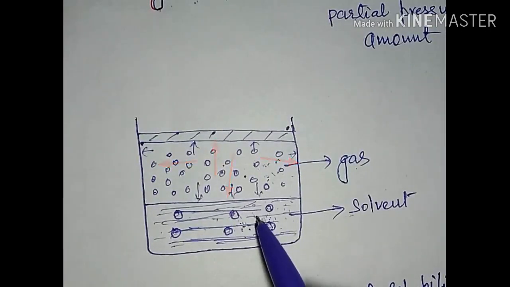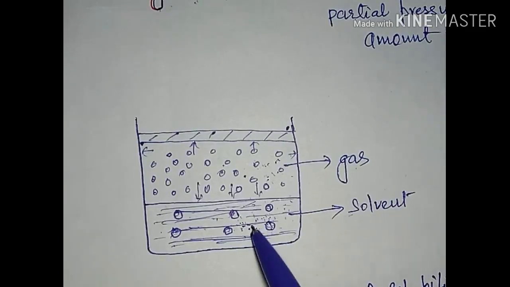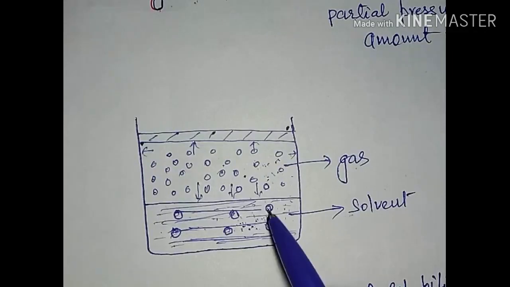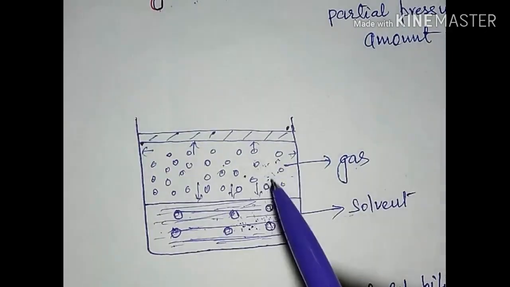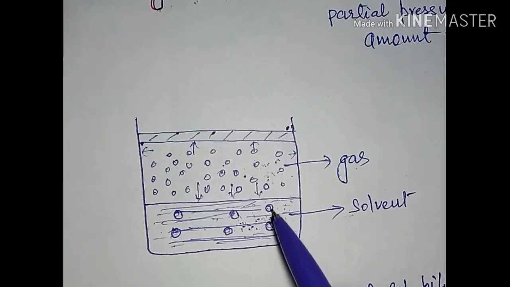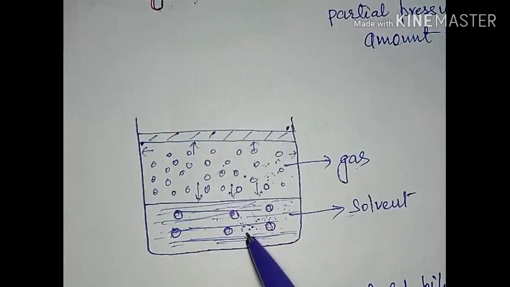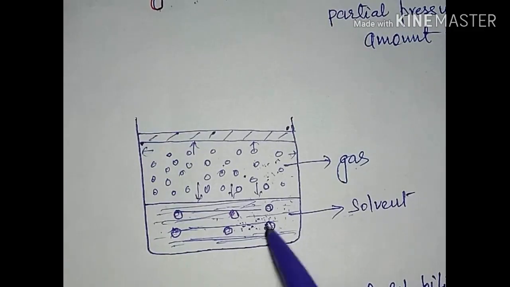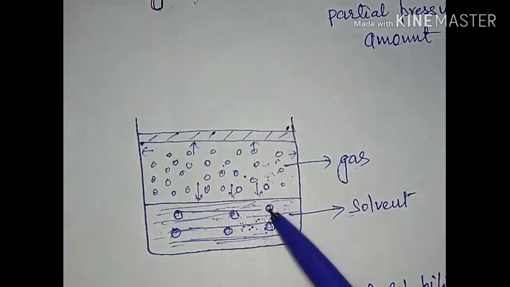Some of the gas molecules are captured by the solvent molecules due to intermolecular interactions. Some kind of force develops between the gas molecule and the solvent molecules, and these molecules are captured by the solvent system.